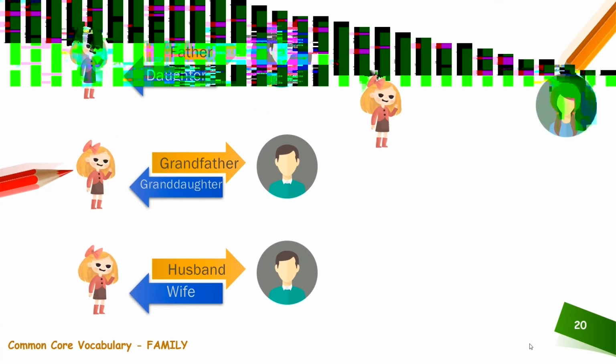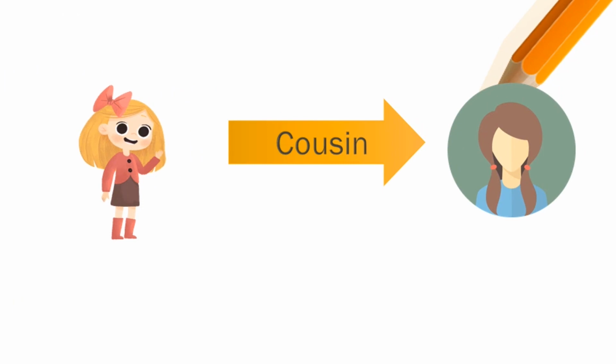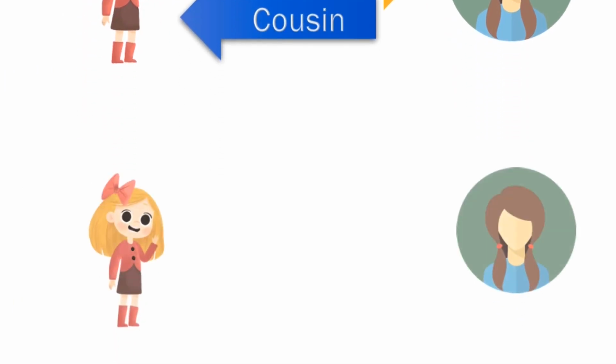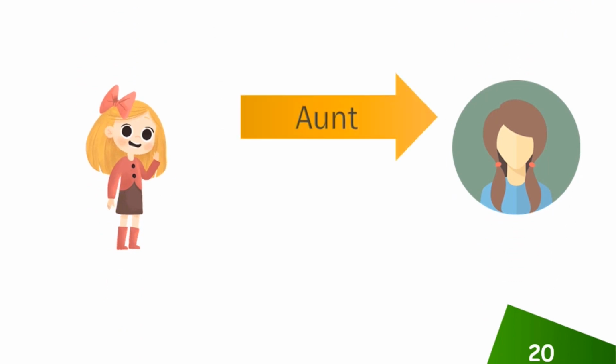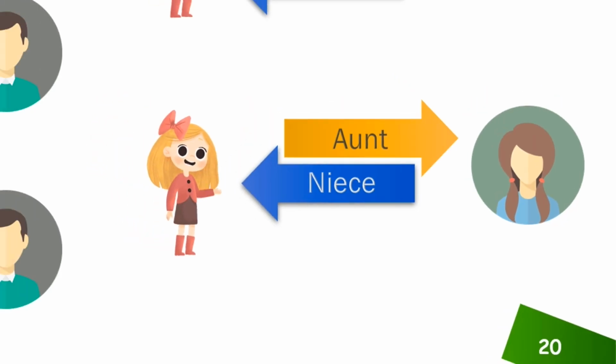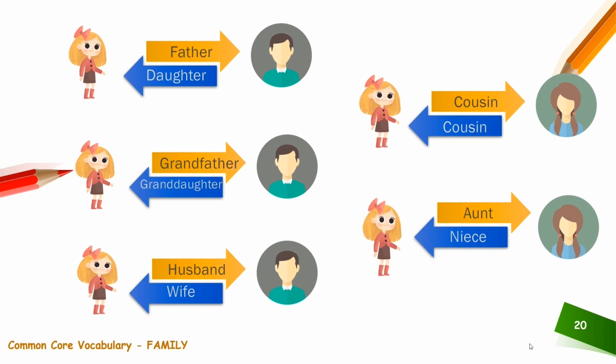Now, if the girl calls someone cousin, they call her back a cousin. And if the girl addresses her aunt, the aunt addresses her as a niece. So niece is the female of nephew. Good.